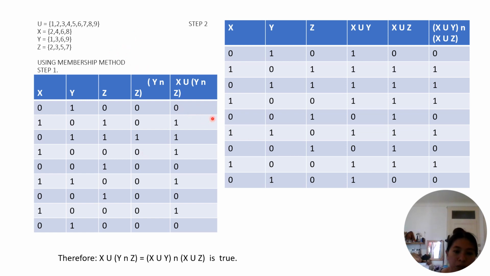So then we're going to evaluate this one. The proposition y intersect with z, the intersection of y and z. So we are going to base it on the elements that we have concluded from here. So for y intersect with z, we'll use this one.